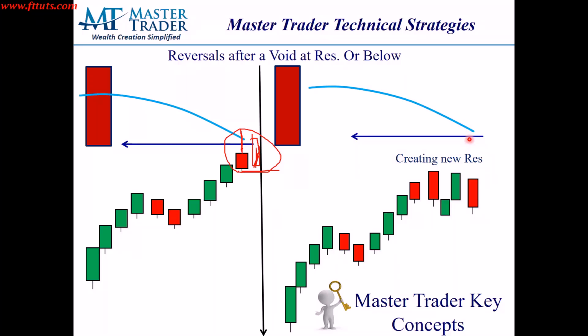And you see that here, I'm showing you the distance from the 20. It hasn't filled the gap here. And this could even be a climactic pattern to the downside that then reverses. And on a climactic buy setup, I never short the first reversal, and I never short the second reversal either until it forms an M top. It has to create a new resistance area once that happens.